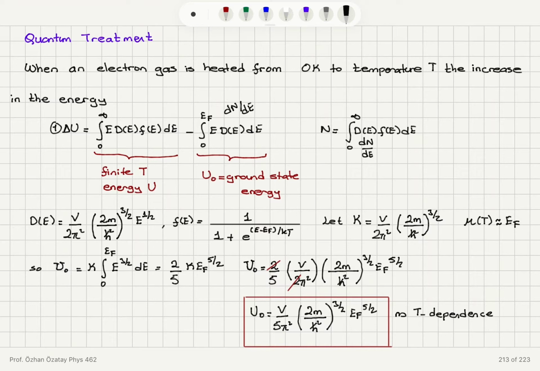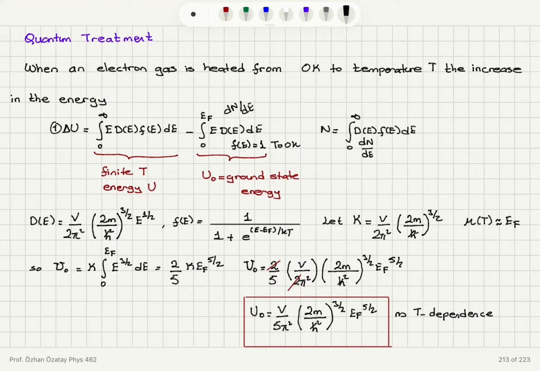Here actually you could also put the Fermi-Dirac distribution function, but it is equal to 0 at T equal to 0 Kelvin, so in the ground state. So for the density of states, we have the constant K, integral from 0 to E Fermi, E to the 1/2 from the density of states, and E in the integral, so E to the 3/2 dE.